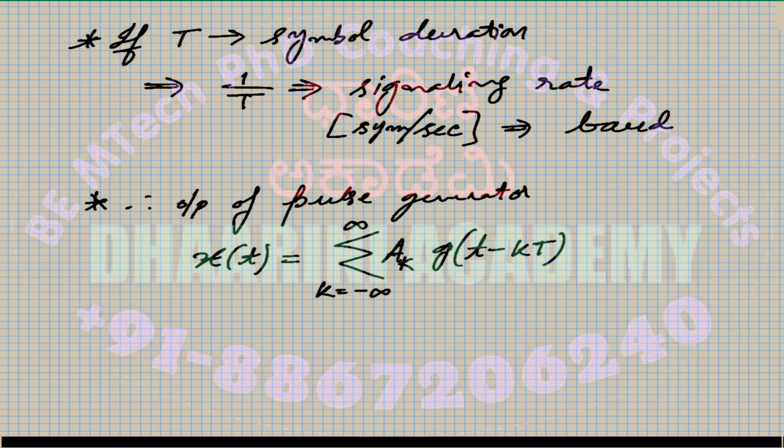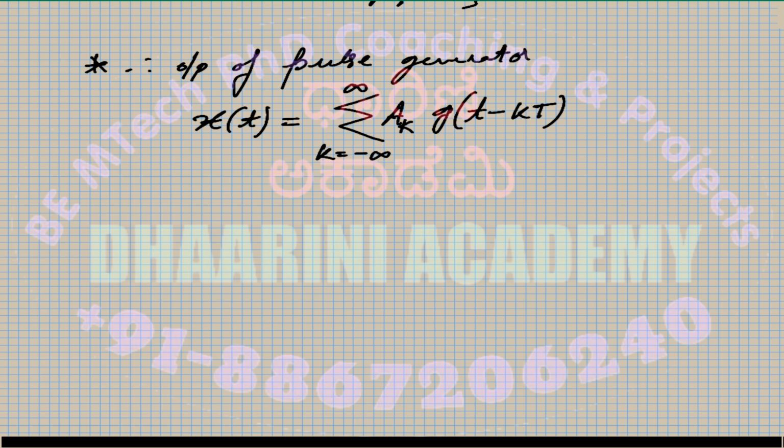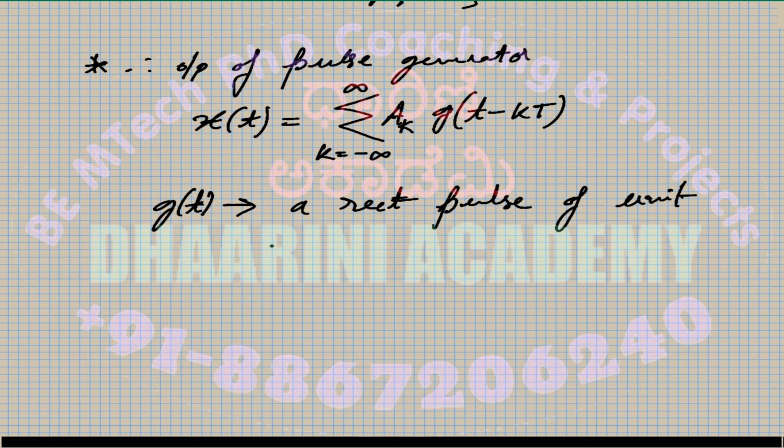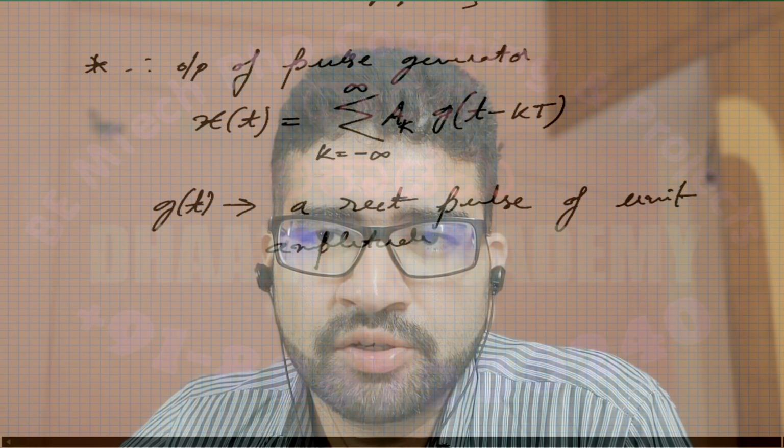So I'll write the meaning of the specific terms. Here the G of t is basically a rect pulse of unit amplitude, because there is a term AK to control the amplitude.